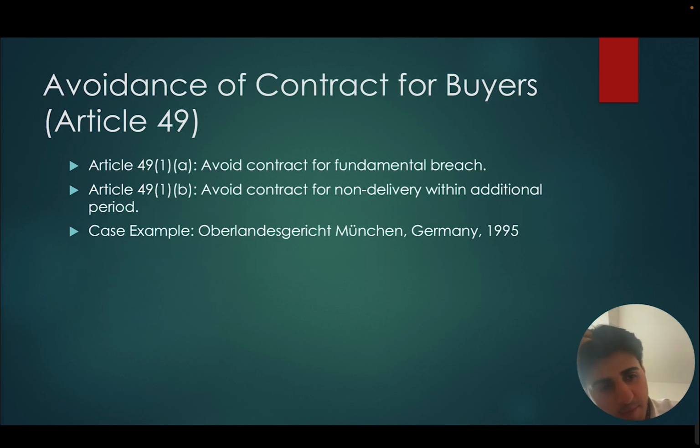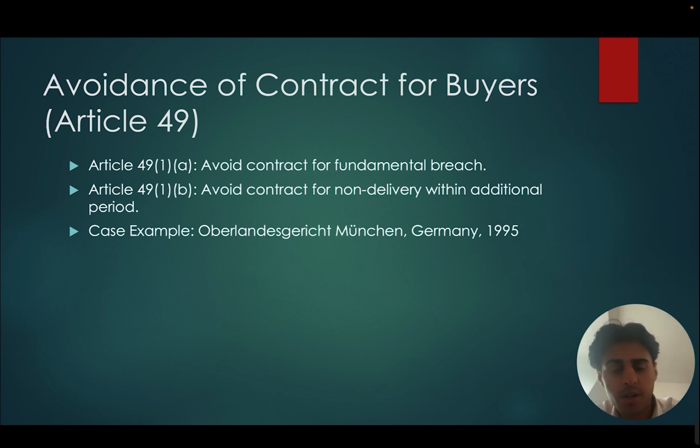Moving on to Article 49, which is the avoidance of contract for buyers. Article 49 provides buyers with the right to avoid the contract if the seller's breach is fundamental. Section 1(a) of Article 49 declares that buyers can declare the contract avoided if the seller's failure to perform any obligations amounts to a fundamental breach.